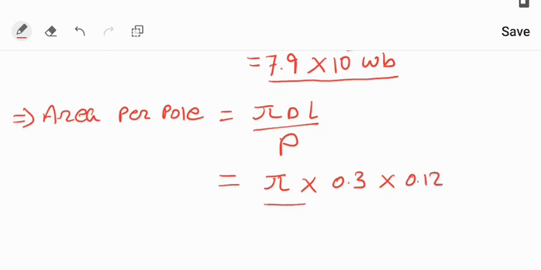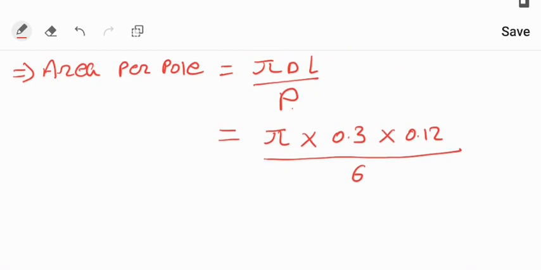The number of poles given in the example is 6. When you calculate this value, you will find the answer 18.85 meter square.